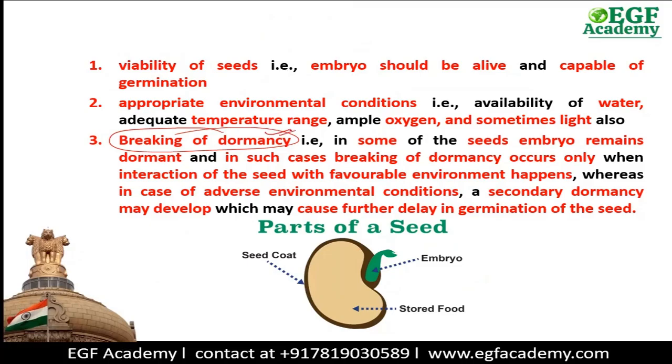Dormant state means that there is no activity happening in it. When we sow it in the ground and water is given to it, then it comes into active state. So we have to break its dormancy. In some seeds, the embryo remains dormant. When we provide it with a favorable environment, like proper water, temperature, sunlight, etc., then germination starts in it.